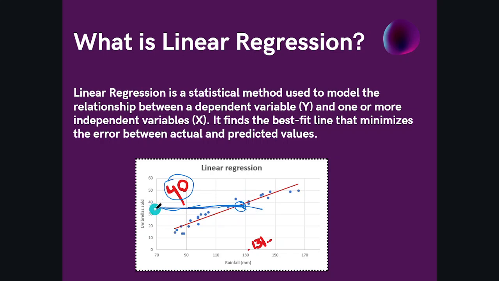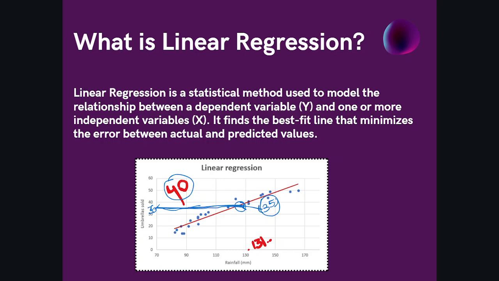So here is the actual y output. Let's suppose this is 35. This point is 35. So 35 is basically the actual value of how many umbrellas got sold, and 40 is the predicted value, predicted by what?